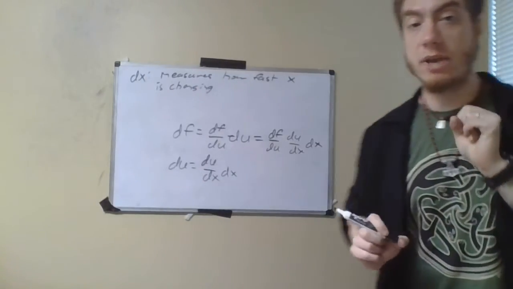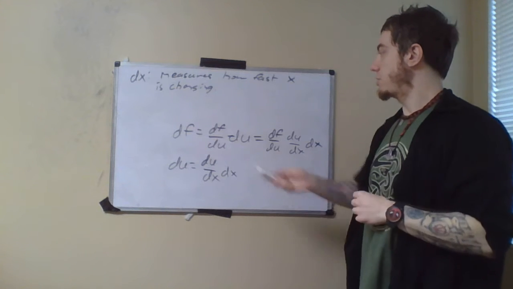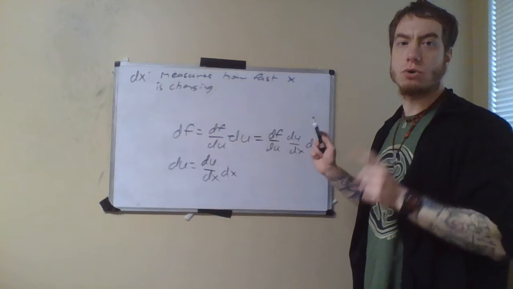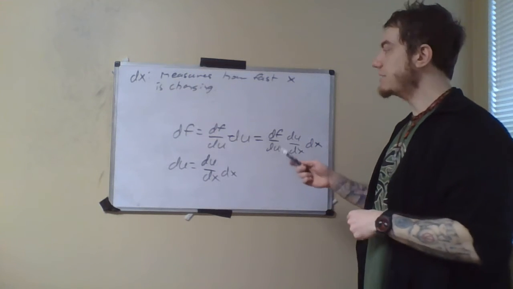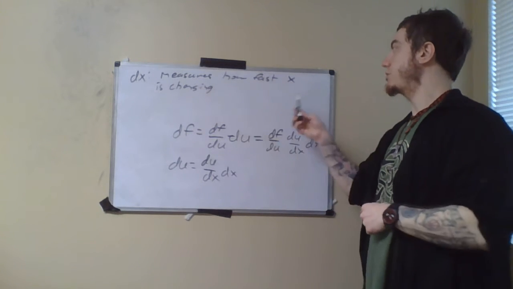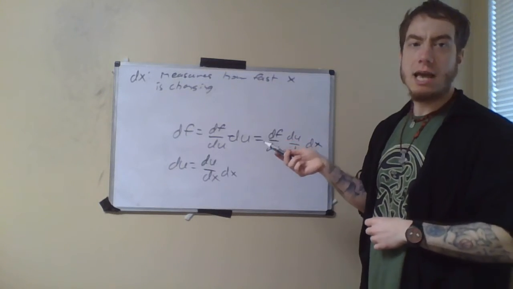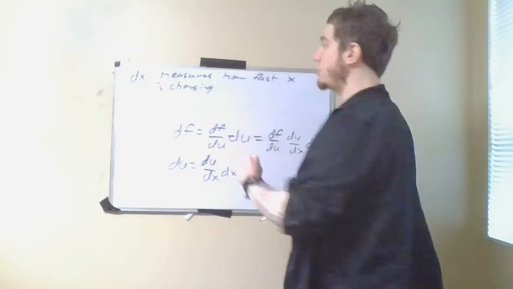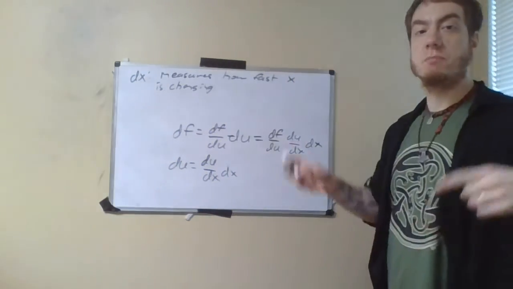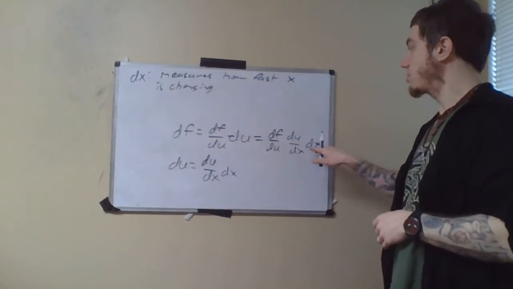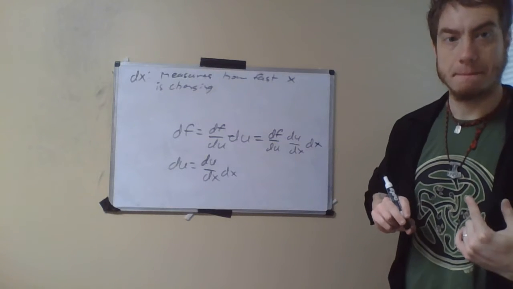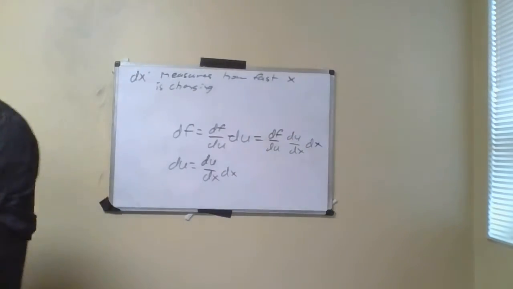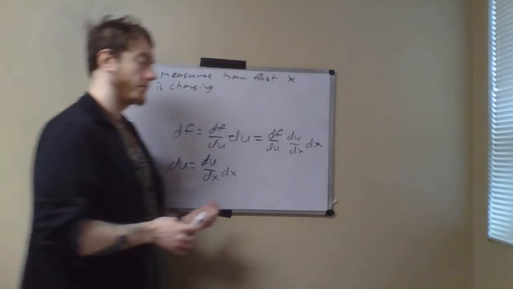So if we ask what happens to the quantity f when I start making x change at a certain rate, the answer is that dx measures how fast x is changing, and you plug it into this formula and it tells you the rate of change of f in terms of the rate of change of x. So that is one way of thinking about what this differential is doing.